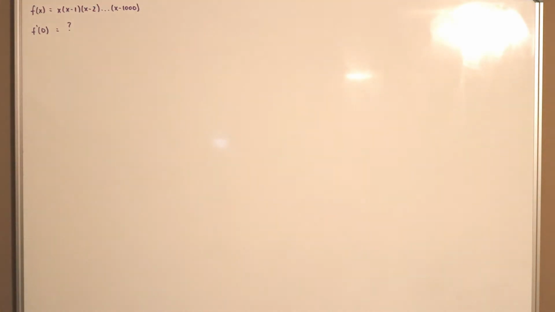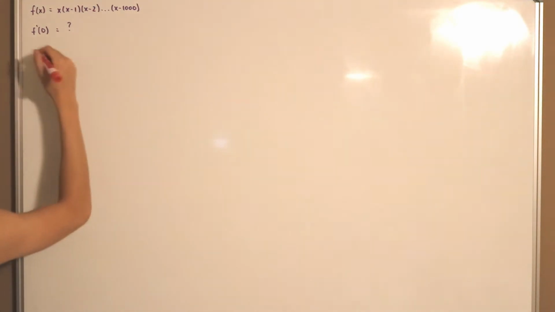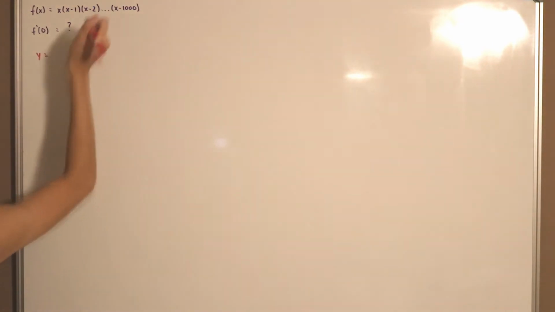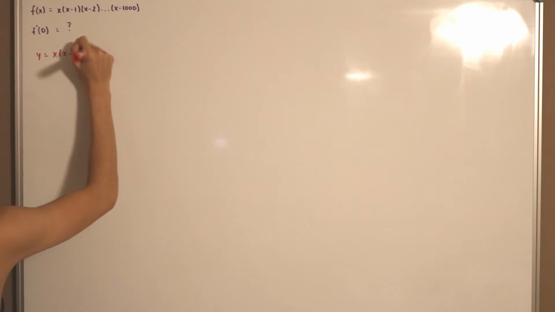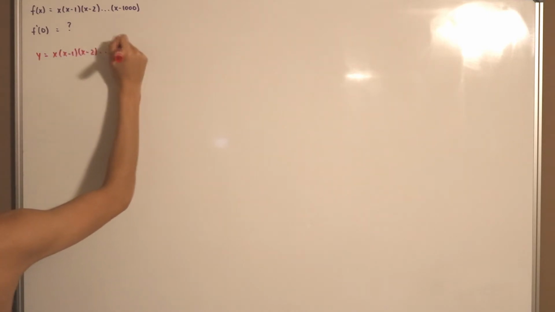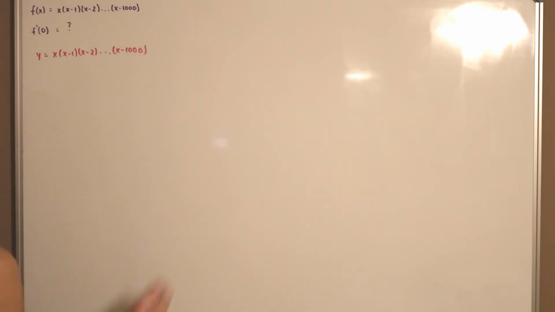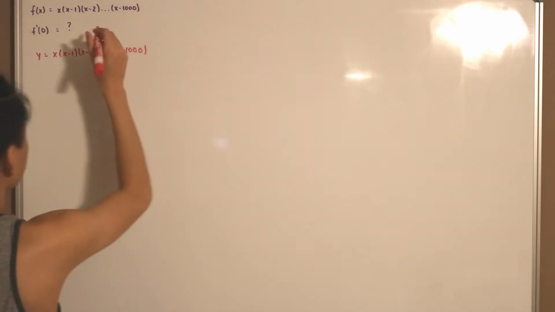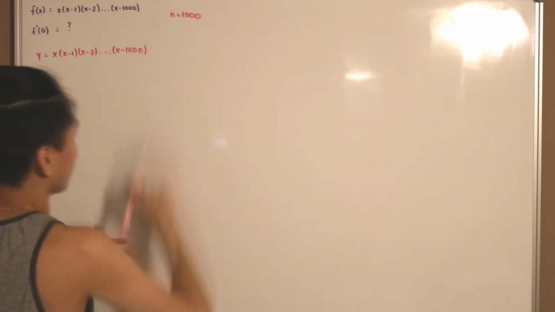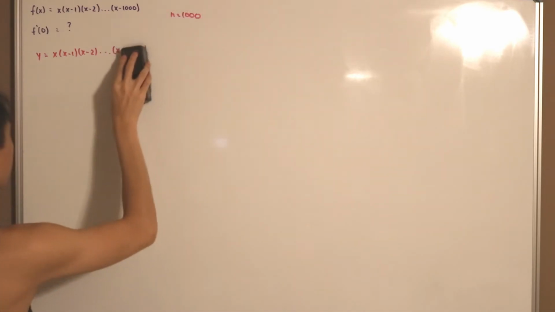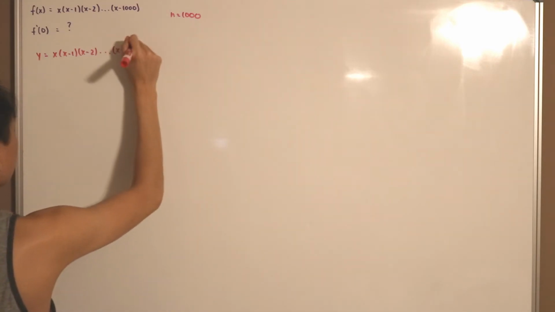So first thing, let's define y to be equal to our given function, x times x minus 1 times x minus 2, then so on to x minus 1000. Well, in this case, let me define n to be equal to 1000, and then I'm going to replace the 1000 with n, so it's just going to be x minus n.